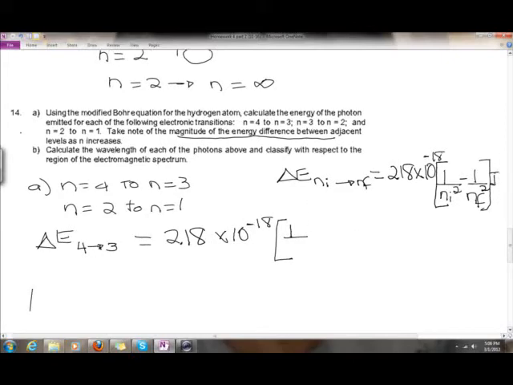So let's plug in the values. What's the initial? That's going from 4 to 3, so here would be 1 over 4 squared minus 1 over 3 squared. Now notice that it should be emitting energy. Why?